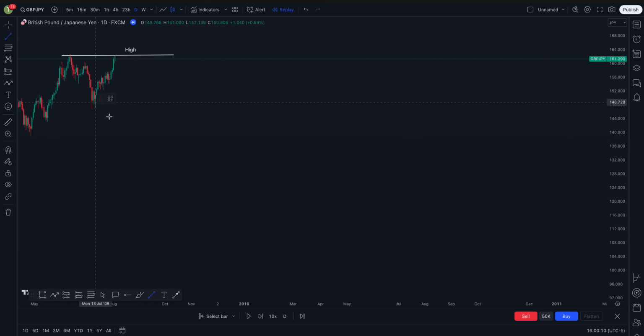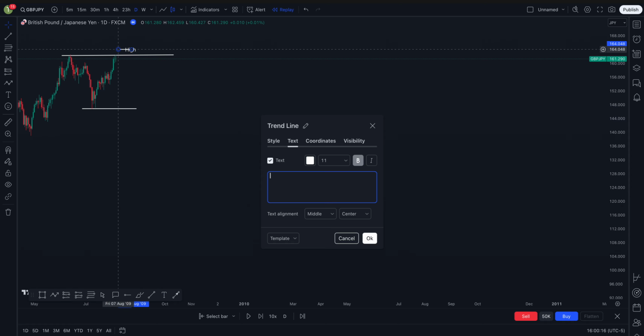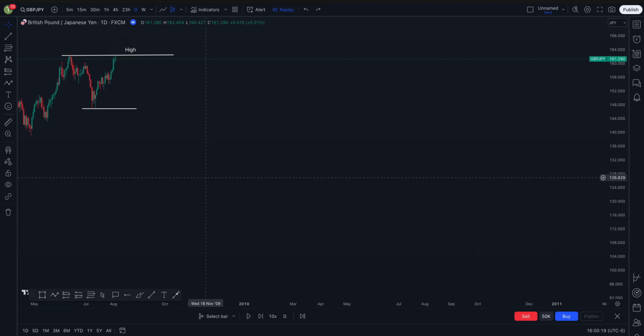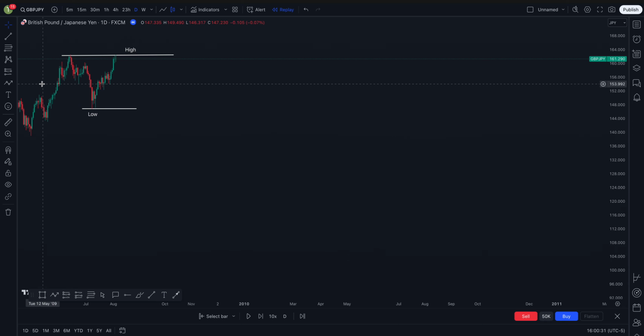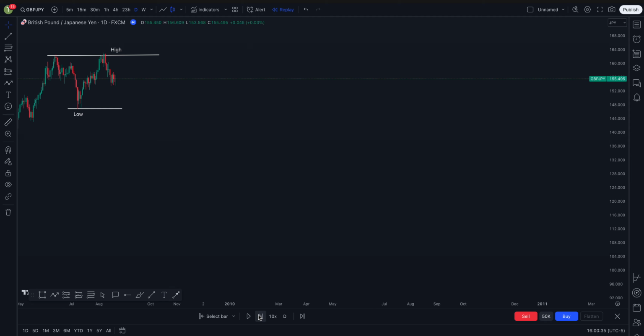And this is our high, then this would have been our low. So let's get here. This would have been our low.